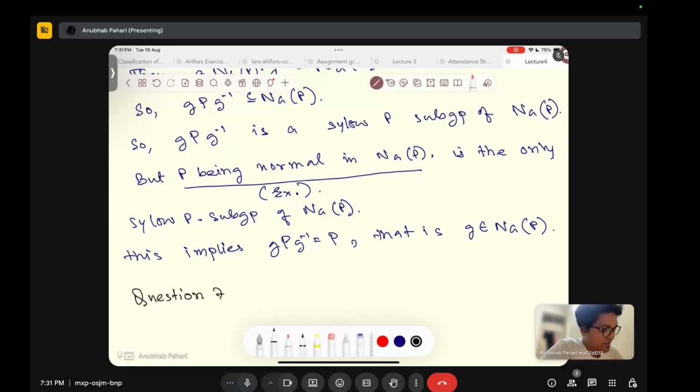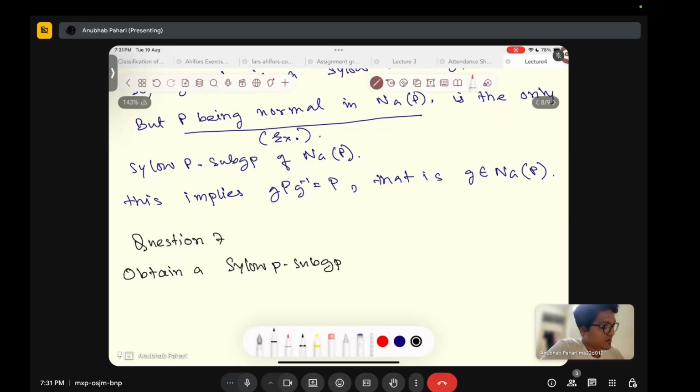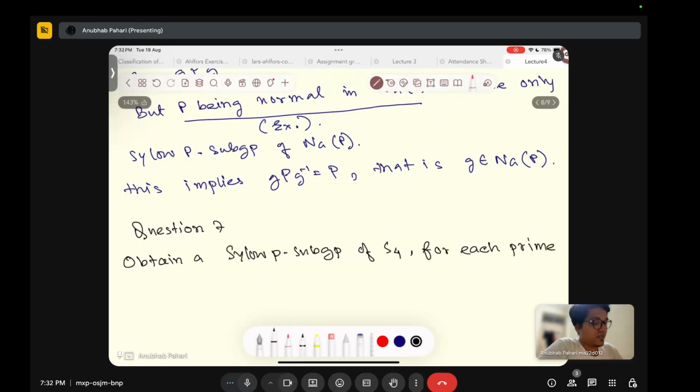Question 7: Obtain a Sylow p-subgroup of S4 for each prime p dividing the order of S4.